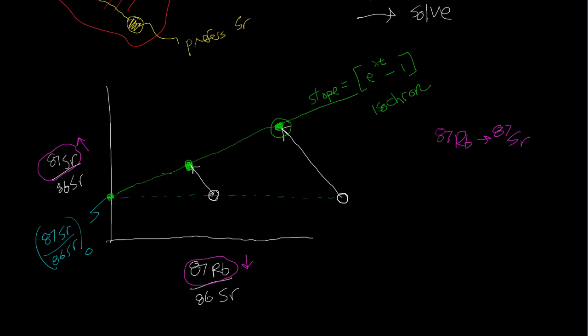The slope determined by those two points gives the age of the rock, which is related to the slope through this equation, e to the lambda t minus 1, but it also gives the initial composition of strontium-87/86, which was present and identical in both of the compositions. That is called the rubidium-strontium isochron method.